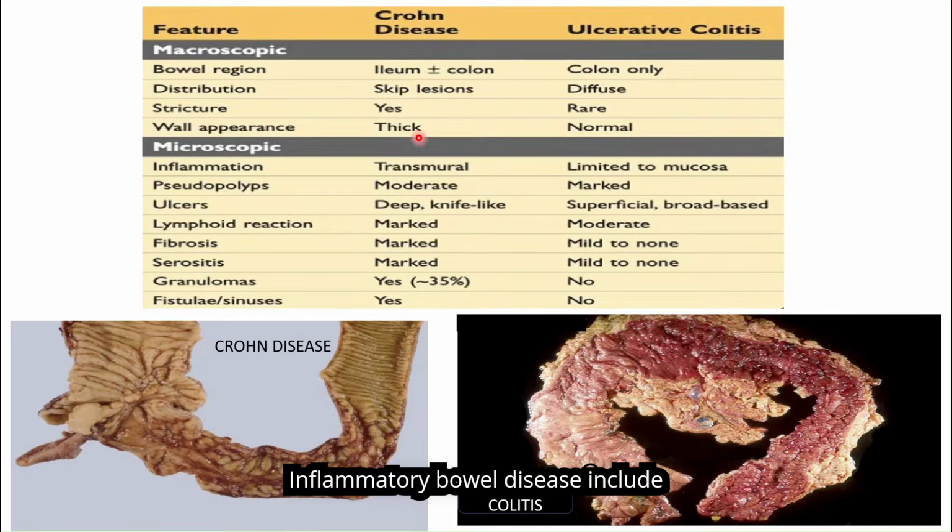Inflammatory bowel disease includes Crohn's disease and ulcerative colitis. So here in Crohn's disease, mainly involved region is ileum plus or minus colon, and mainly colon in ulcerative colitis.